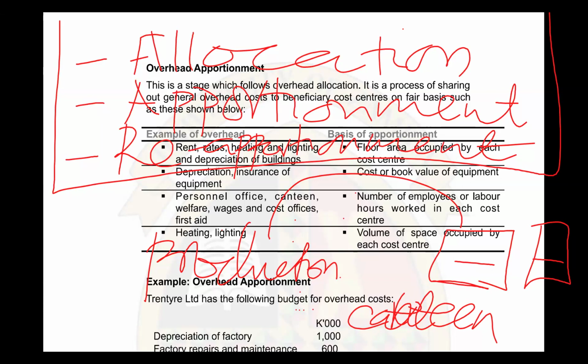I've given you an example of a canteen. We can even have a maintenance department. The maintenance department is also a service department. Let me give you another example.